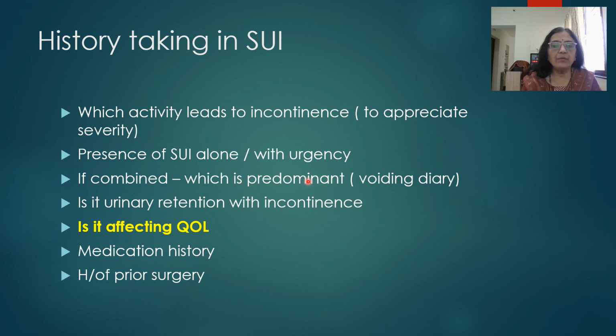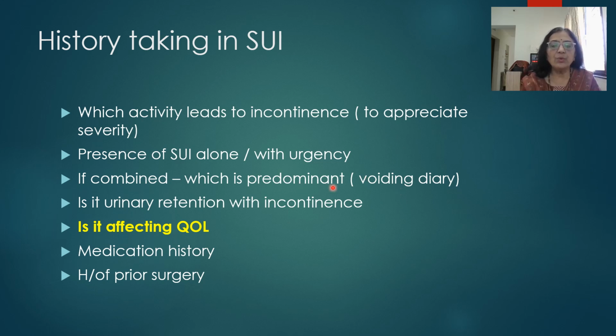We can ascertain that by asking the patient to keep a voiding diary for 48 hours. In the voiding diary, she has to keep a record of whatever liquid intake she is taking, the number of times she has passed urine, the timing when she has incontinence and the activity which preceded the incontinence, or whether incontinence was preceded or associated with urgency.